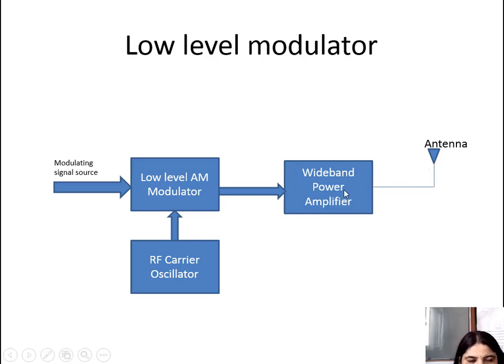This way, the generation of the AM wave takes place at the low power level, and the generated AM signal is amplified using a chain of linear amplifiers such as class A, class B and class AB amplifiers, which can avoid waveform distortion. At this level, the efficiency is not very good for such a modulator.